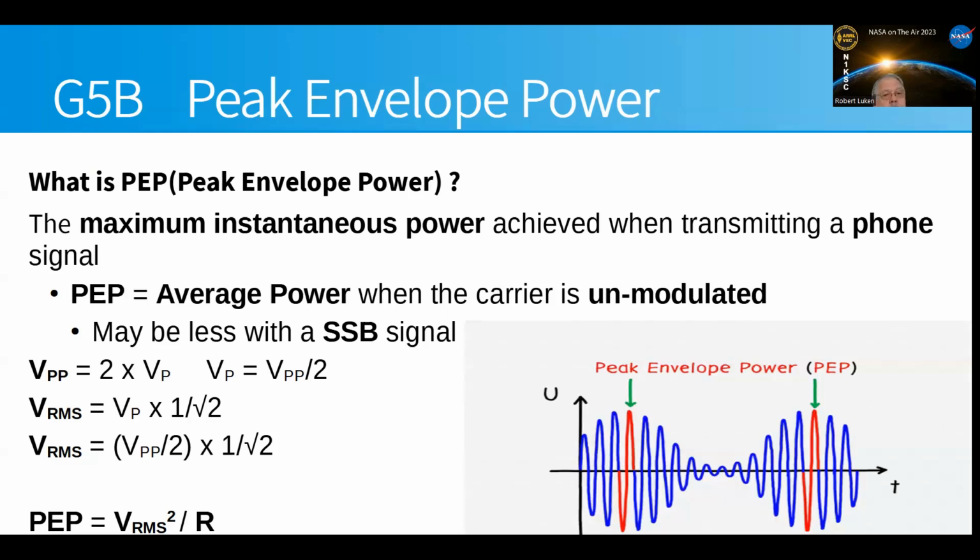Right? Right. And if it's peak to peak, we just have to divide peak to peak by 2 to get peak. So the peak envelope power is going to be the RMS voltage squared divided by resistance. So it's the old E squared over R.